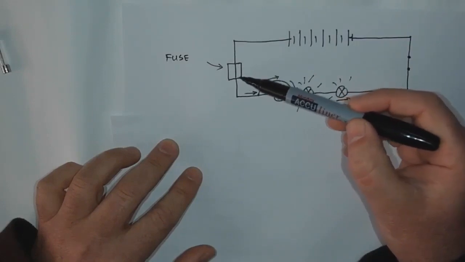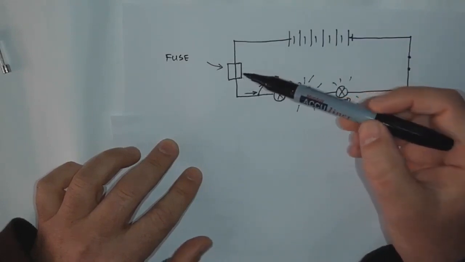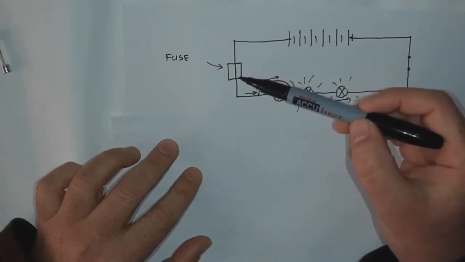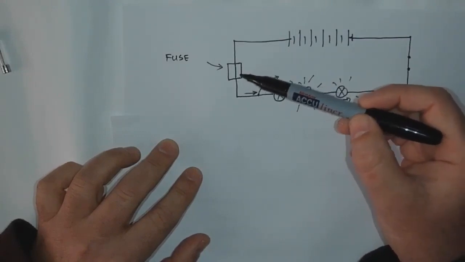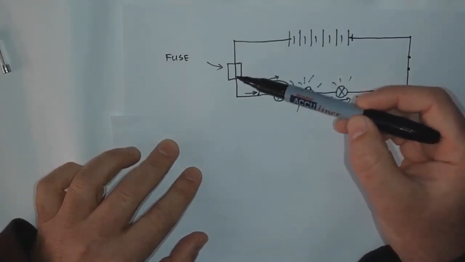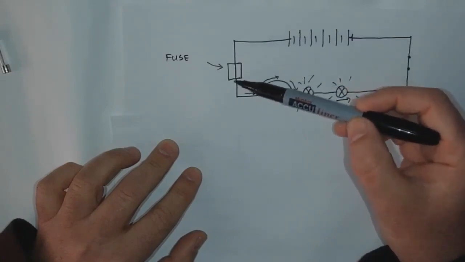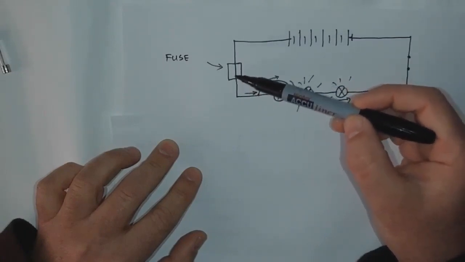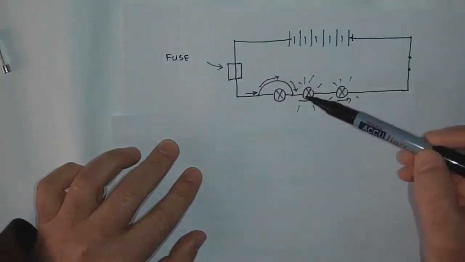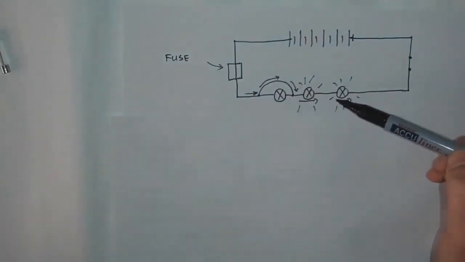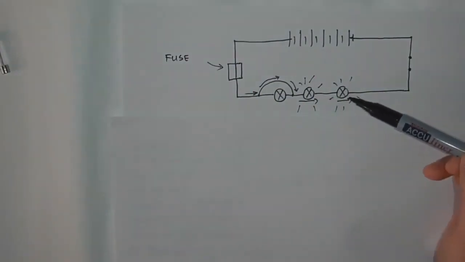It's a very valuable protecting device in a series circuit. How does it function? When there's a current flowing through the fuse that exceeds the maximum amount of current for which it was designed, it will burn off, and in doing so it can protect the circuit components that follow.